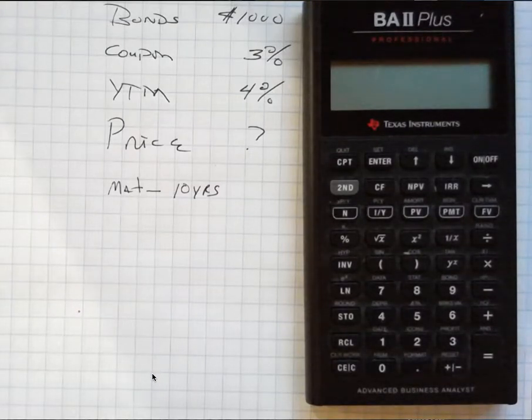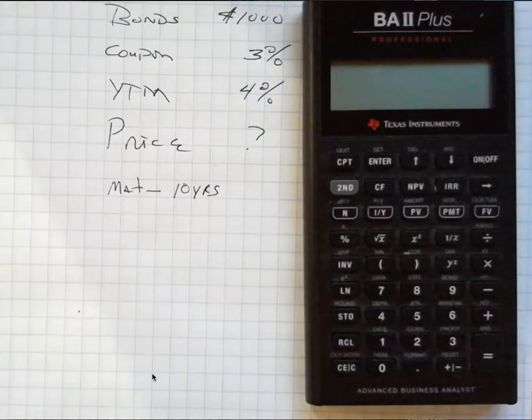No, and the reason being is I can take $1,000 and go into the marketplace and buy a bond that has a coupon of 4% and get $40 a year. So if you had to sell your $1,000 bond that has a coupon of 3% today when interest rates are 4%, you're going to get something less than $1,000.